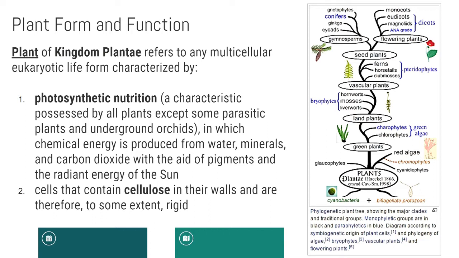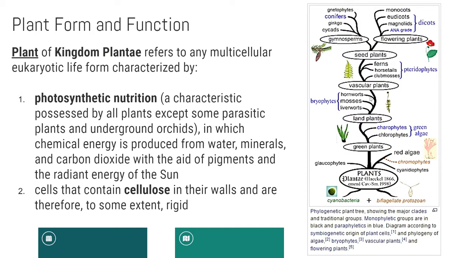There is this group of pigmented plants, different colored plants, that evolved separately, but most plants have the green pigment chlorophyll, so that makes them green plants, which eventually allowed them to adapt on land. During this part, they are mostly found in the sea, in oceans, in bodies of water, but through evolution they were able to colonize the land and thrive there, giving rise to different forms of plants.